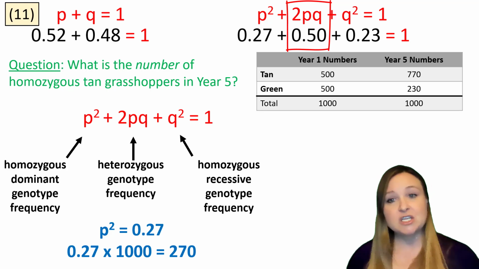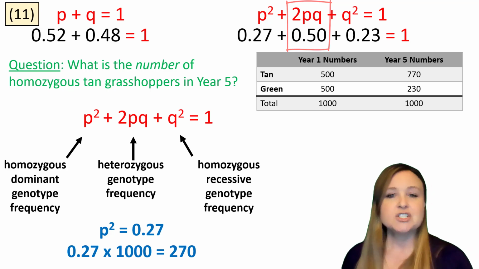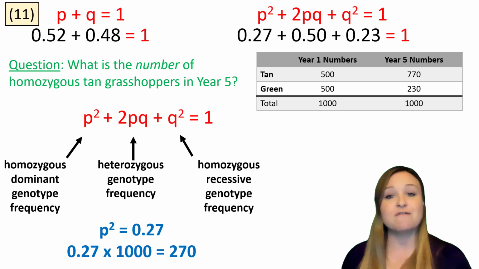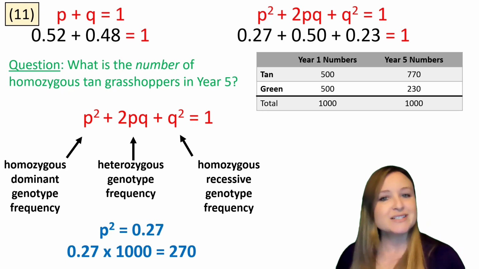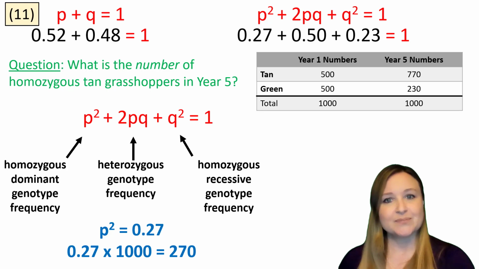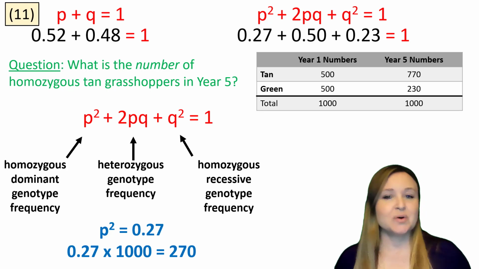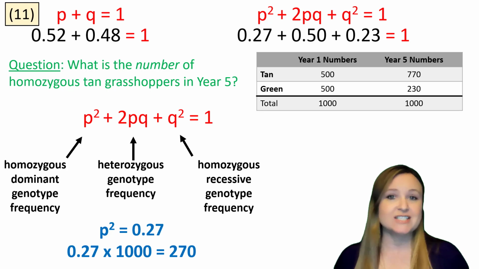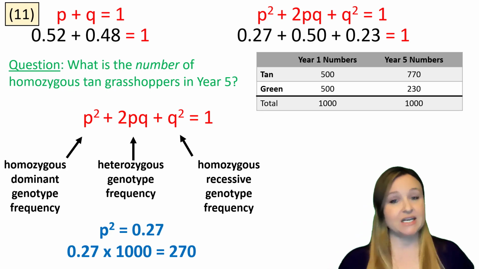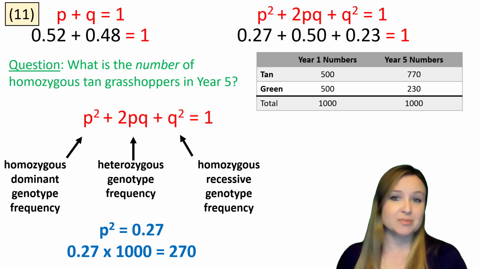We figured out 2pq equals 0.5, so we would multiply 1,000 by 0.5, and we would find that there are 500 heterozygous tan grasshoppers in our population. Once you get the hang of working with the Hardy-Weinberg equations, this will become much easier, and innately you'll understand how to find all of the different variables.